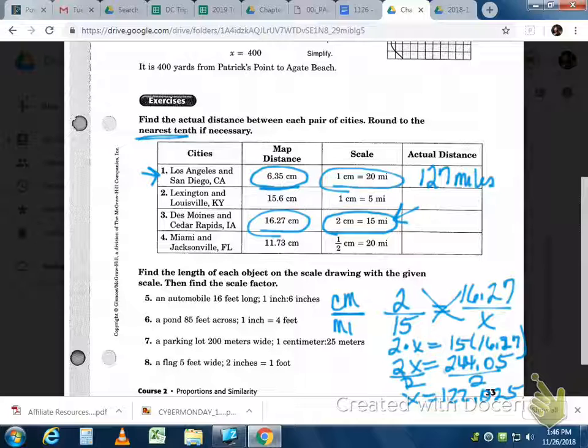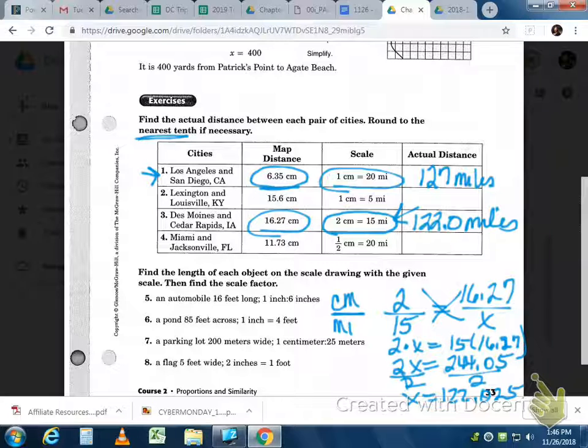But my instructions say round to the nearest tenth. So what's that going to be? 122.0 or 122.1? 122.0. So you would write 122.0 miles. And you must put the 0 or it's wrong. Remember, we had that discussion earlier in the year.